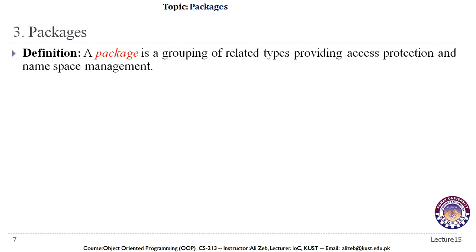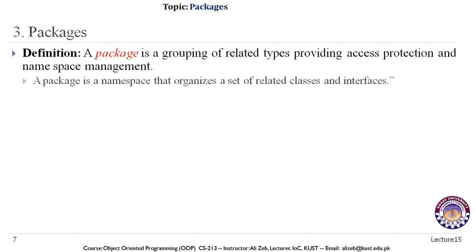What is the role of a package and why is it important to use packages properly for proper management and understanding of our programs? A package, as we understand it, is a grouping of related types providing access protection and namespace management. In simple terms, a package is a namespace that organizes a set of related classes and interfaces.